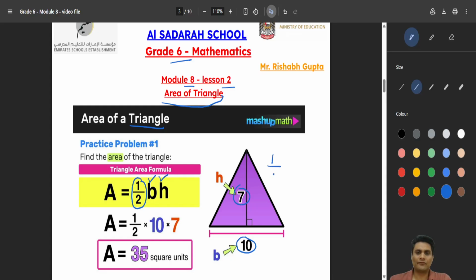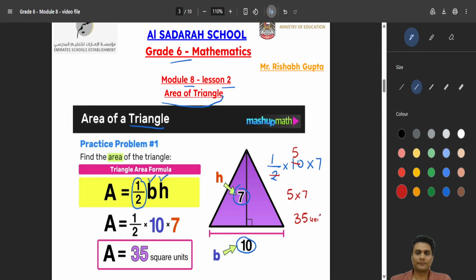So half of base times height. Here I can do 10 divided by 2. 10 divided by 2 is 5. So finally I will get 5 times 7, which is 35. That will be the area.